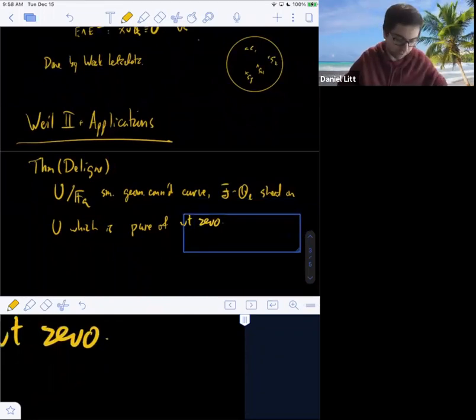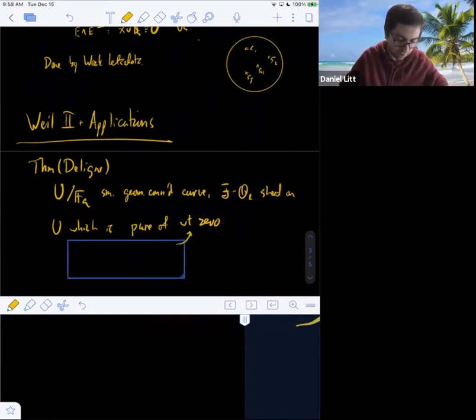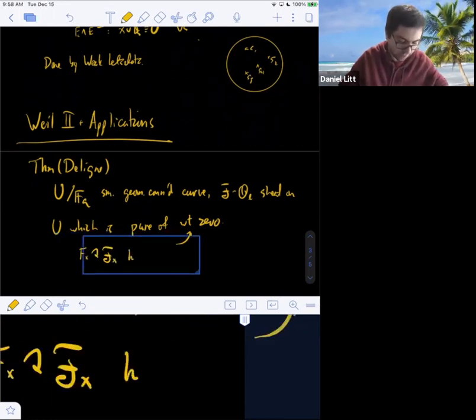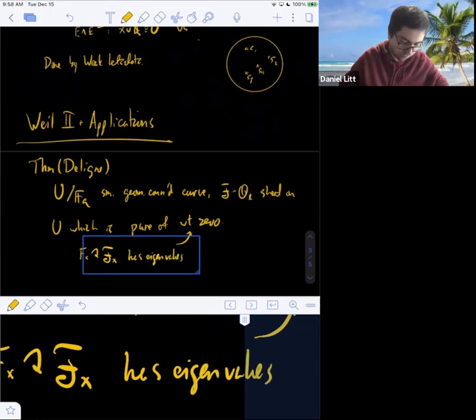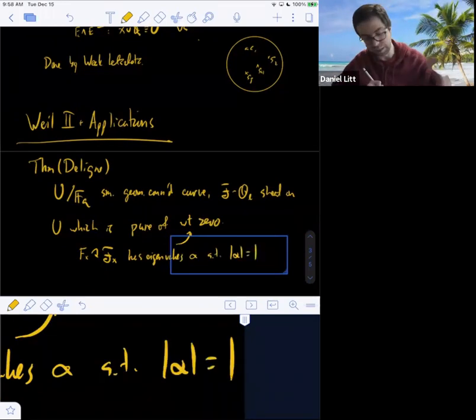So what this means, let me maybe actually write this down. What this means is that Fx, the Frobenius acting on the stalk of F at a point x, has eigenvalues alpha such that the absolute value of alpha is just 1. Meaning, for any embedding of the field generated over Q by these eigenvalues, you just get 1.